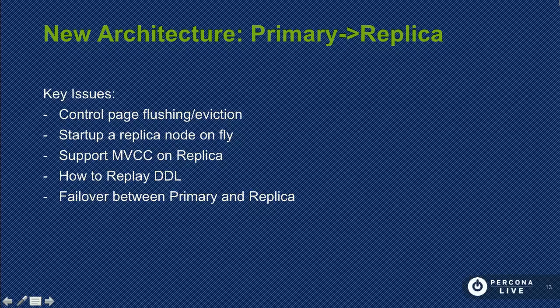And at last, we need to provide the ability to switch between primary and replica. We need to support failover. So if the primary is down, we can quickly promote a replica to a primary server.